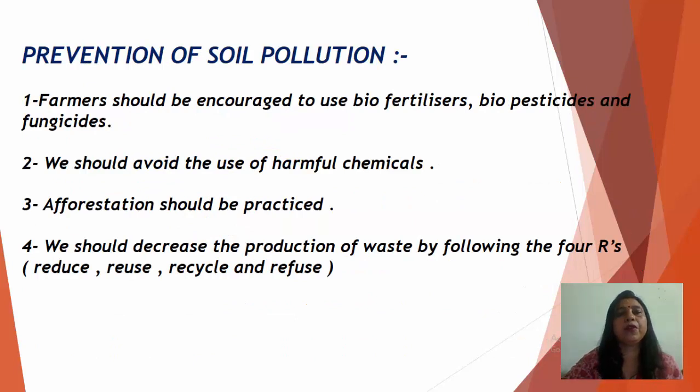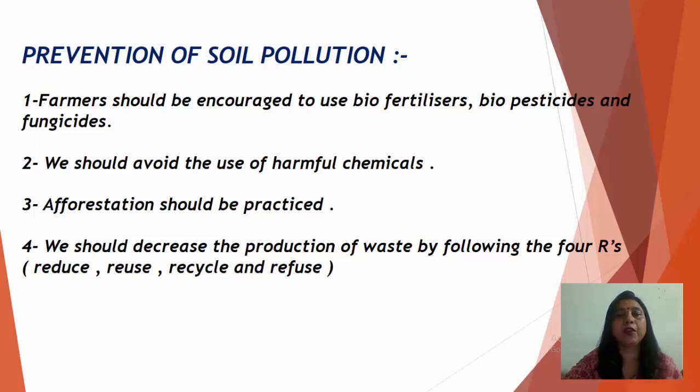Now coming to the prevention of soil pollution. To prevent soil pollution, we must follow these steps. Farmers should be encouraged to use biofertilizers, biopesticides and fungicides. Bio means which is related to life, which is biodegradable.